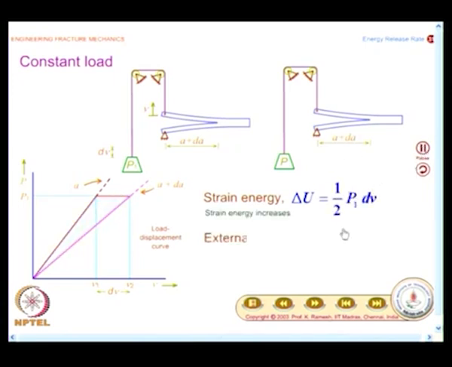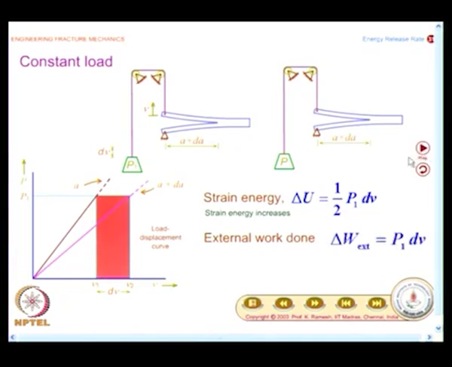Then you also see the external work done. The subtle point here is, it is P1 into dV, it is not half of that, because the load has remained constant for the displacement dV. So, it is a rectangle.